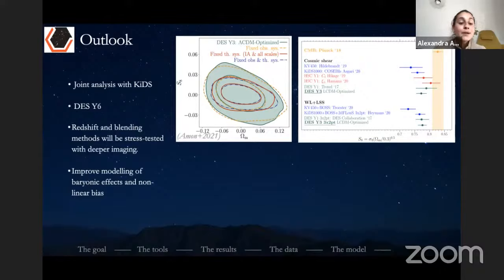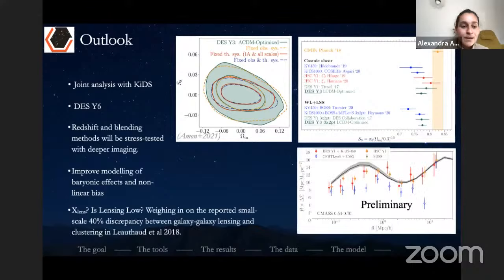So if you compare the blue, which is already the optimized result, to the red, which is when we fix accounting for these astrophysical effects, we almost get a factor of 2 improvement in our constraining power. So for Year 6, what I'm really looking forward to is trying to safely make more aggressive analysis choices in our modeling. And that will help us add tighter data points to this S8 compilation plot.